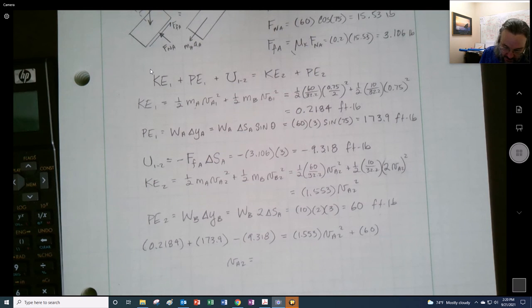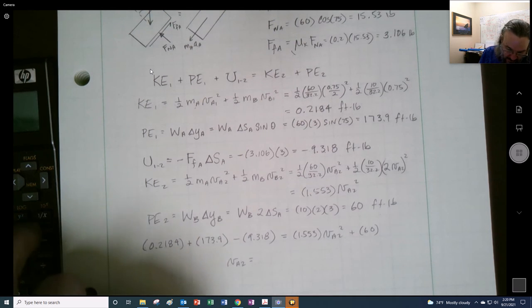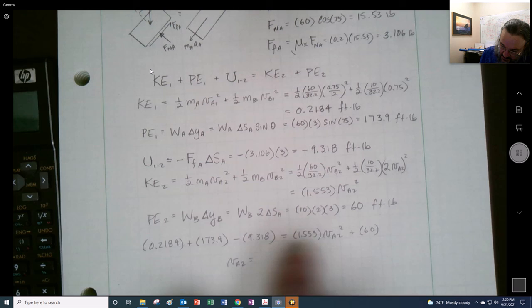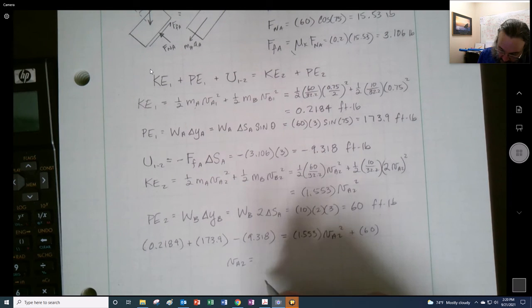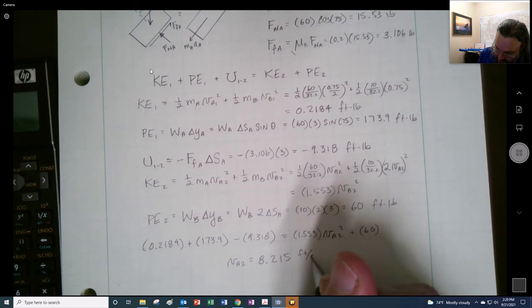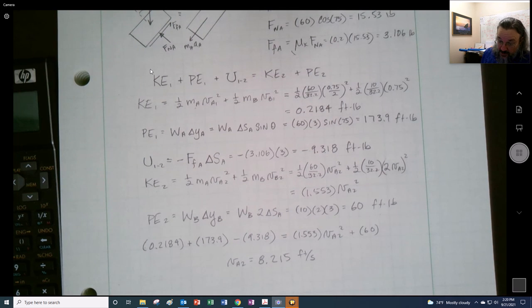It's robbing energy from the system. 60 is at the end, so I have to subtract him. So I get 104.8 on the left-hand side, and I want to divide it by 1.553. And now we want to take the square root, and we end up with 8.215 feet per second.